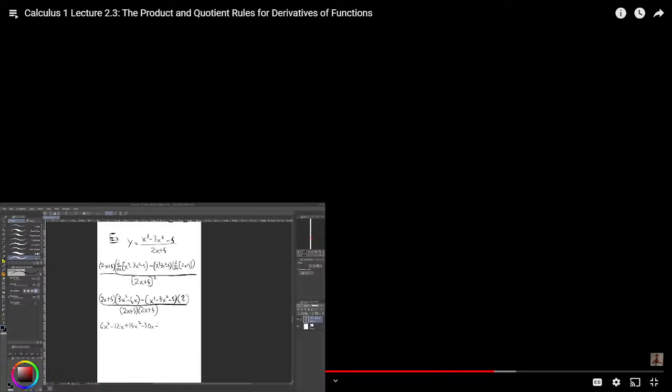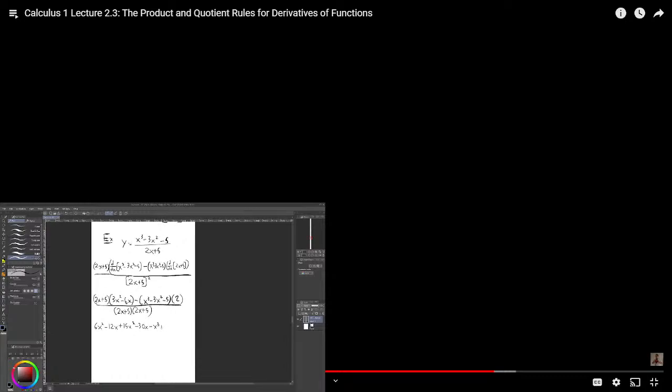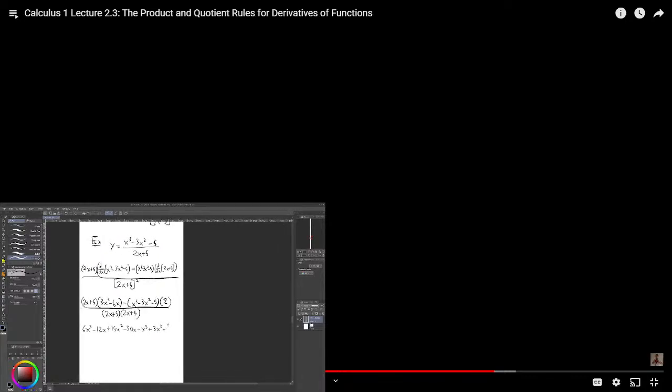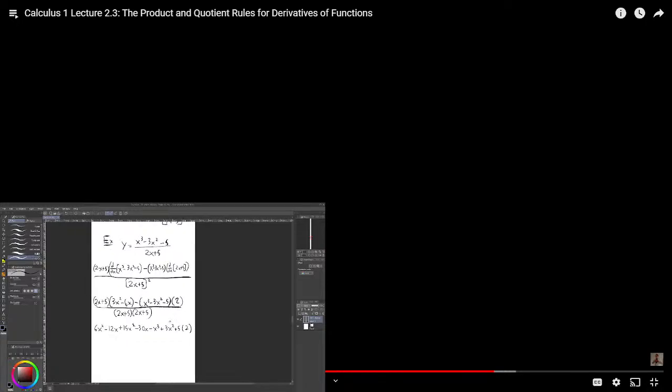Minus, this is going to be a fun one, x cubed minus 3x squared minus 5 times 2.